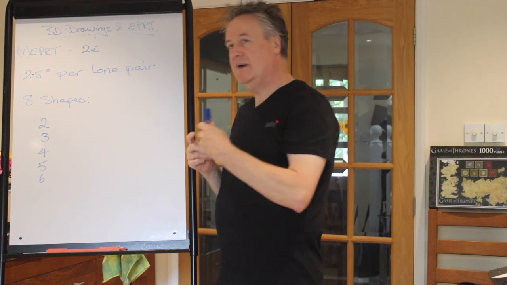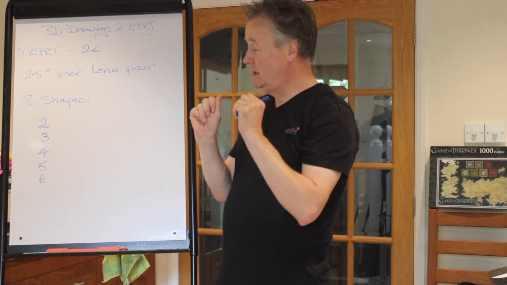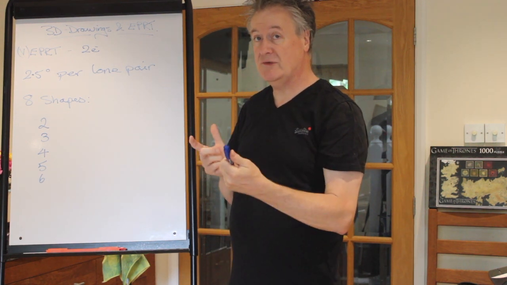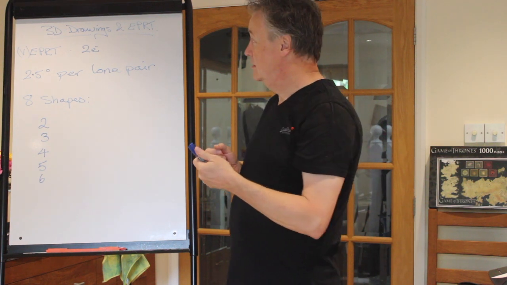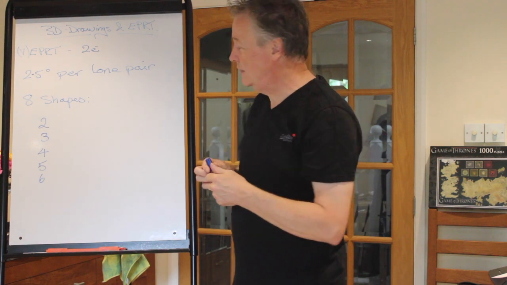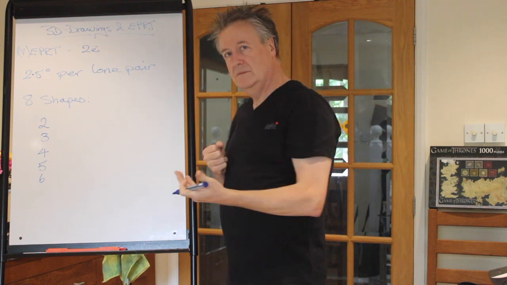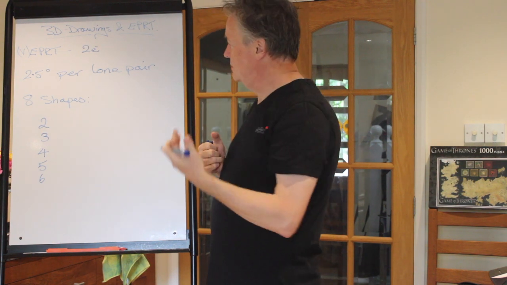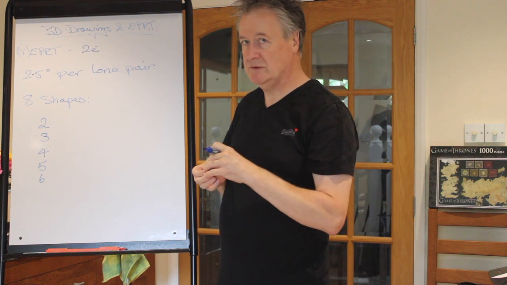If you've got one lone pair, it closes the bond angle by 2.5 degrees. If you've got two lone pairs, it closes it by 5. You can't have 3 lone pairs on the majority of shapes, so we don't tend to think about 3. So the shape of a molecule is dictated by the number of pairs of electrons.